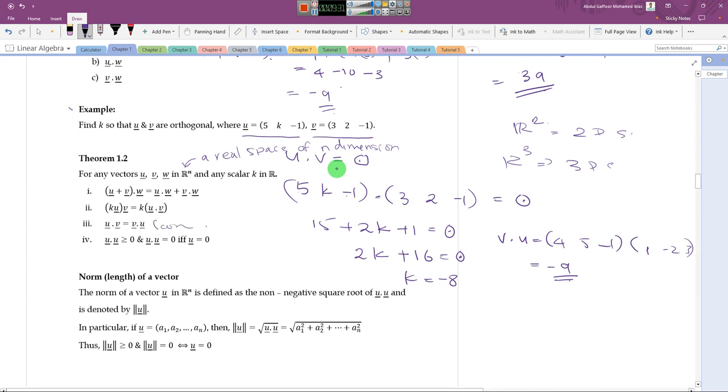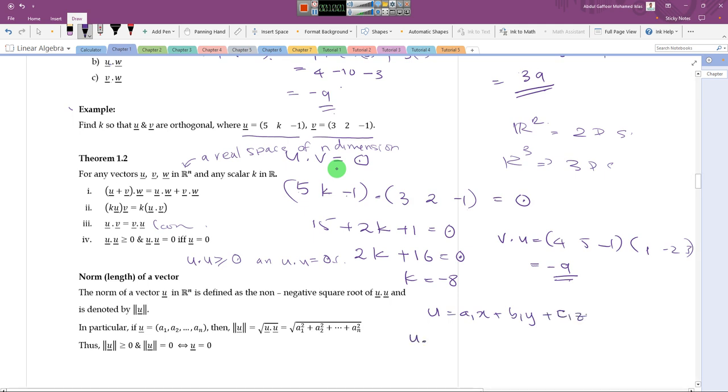And u dot u is greater than or equal to 0, and u dot u is equal to 0 if and only if u is the zero vector. So we will verify this. Let's say u is equal to (a1, b1, c1).